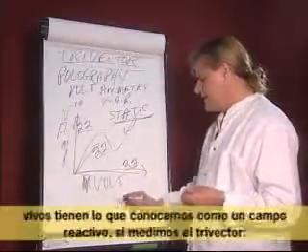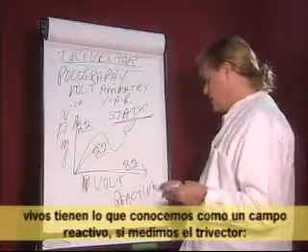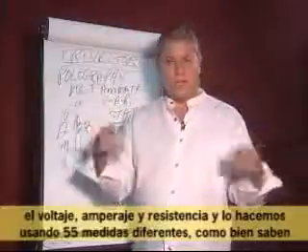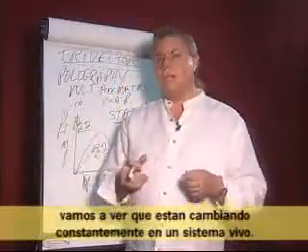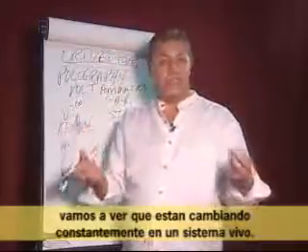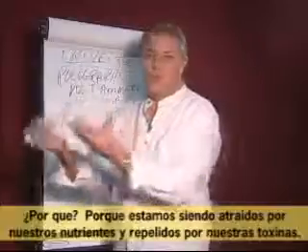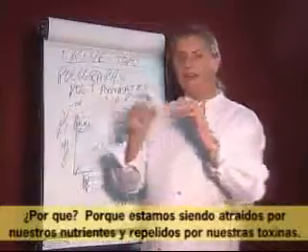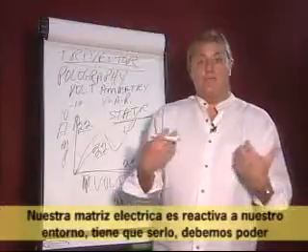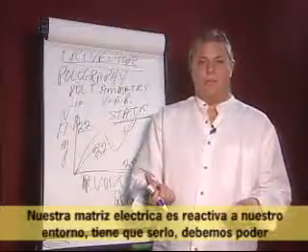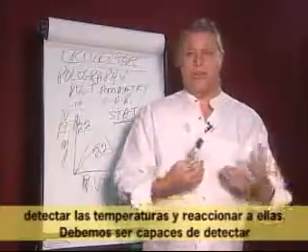We're going to find that the living items have what is known as a reactive field. If we measure the trivector, the voltage, amperage, resistance, so we would do this with 55 different measures, as you remember, then we're going to see this is constantly changing in the living system. Why? Because we are being drawn towards our nutrition and we are being repelled away from our toxins. Our electrical matrix is reactive to our environment. It has to be. We have to be able to detect the temperatures and react to them.